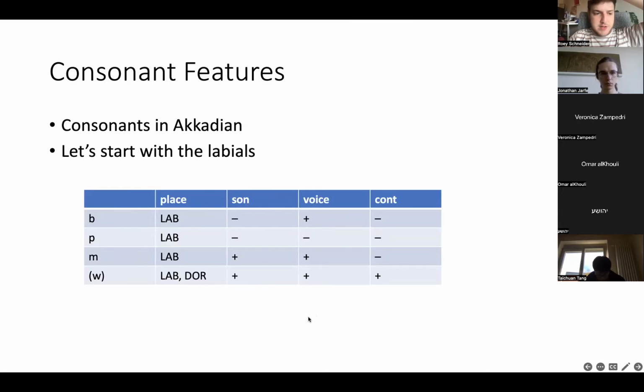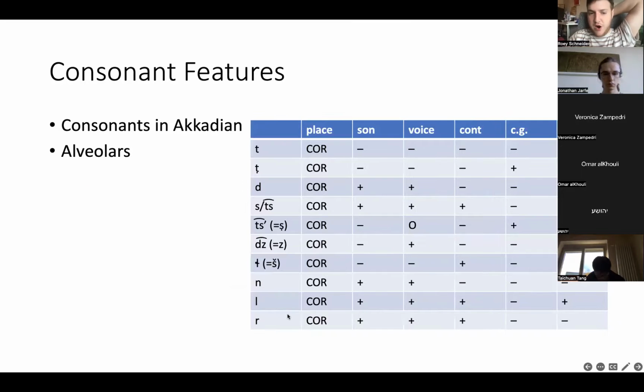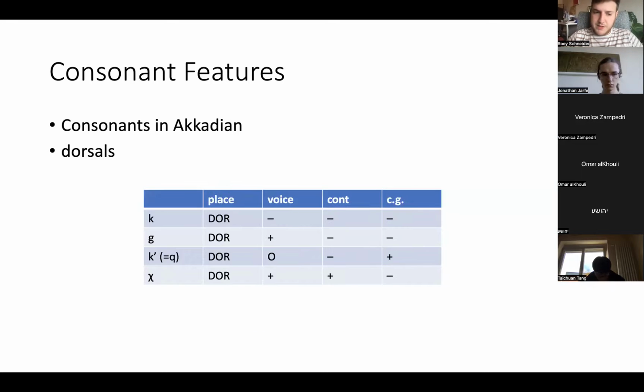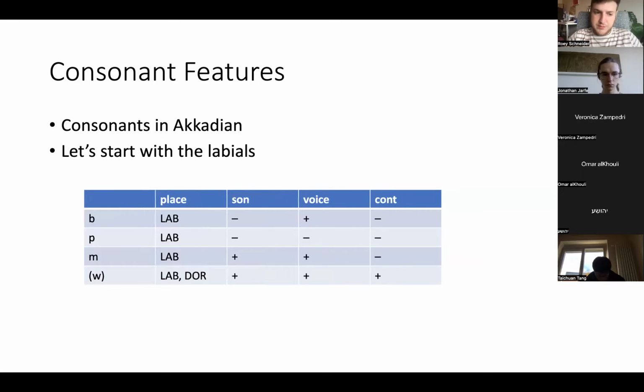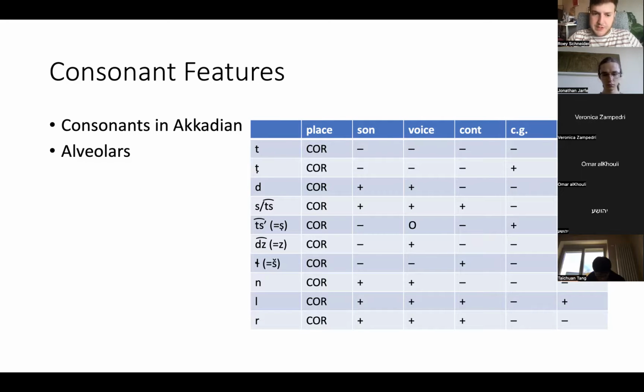So we talked about the consonants in Akkadian. There are a lot of alveolars or coronals, as you can see. In most languages, that's the case, especially Semitic. The alveolum is the most productive place of articulation, much more than the lips or the velum, as you can see. And here we also have most of the sonorants.